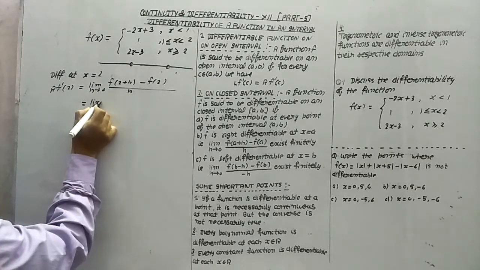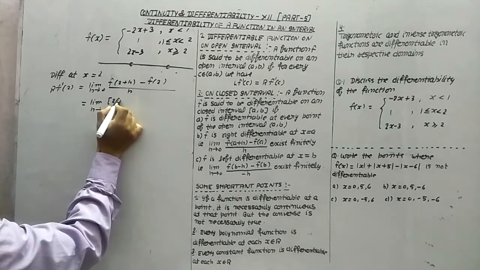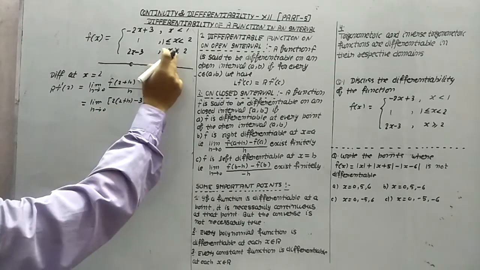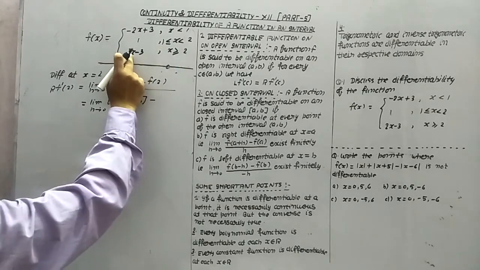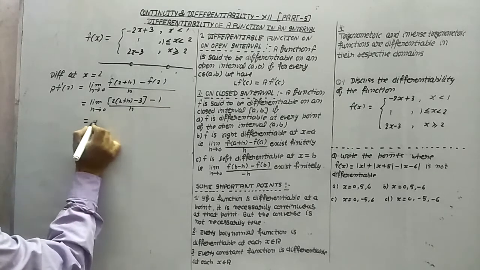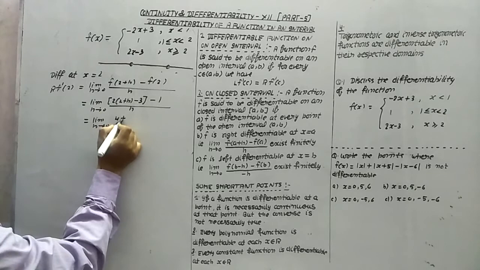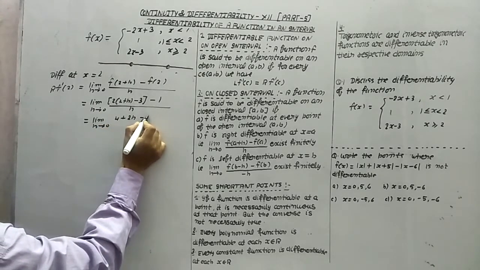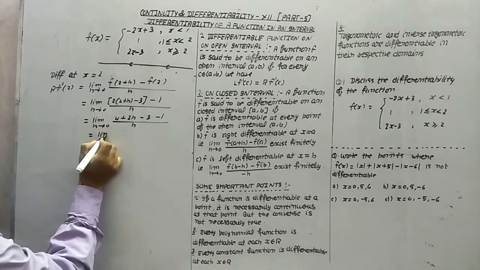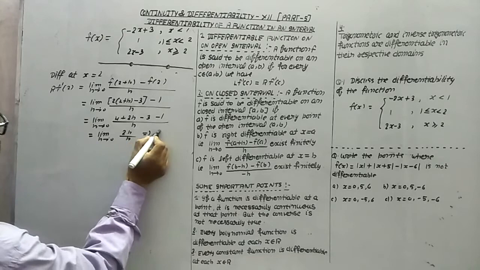For greater than 2, we have 2 into (2 plus h) minus 3, and f(2) is 2 times 2 minus 3, which is 1, upon h. Solving, this becomes 4 plus 2h minus 3 minus 1 upon h, that is 2h upon h, which is equal to 2.